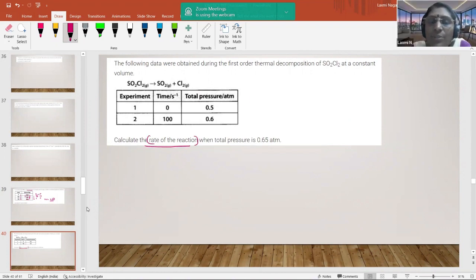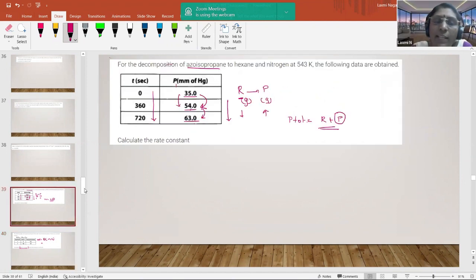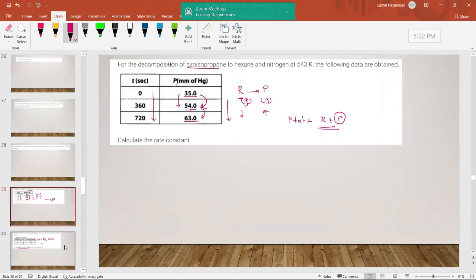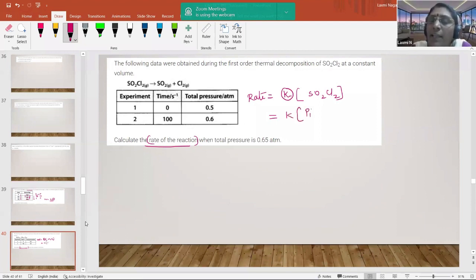I feel here also, when we talk about this, we say that it is K into the concentration of SO2Cl2. The K value would be found out like how we did in this case. But how to convince them this is nothing but 2Pi minus P total?